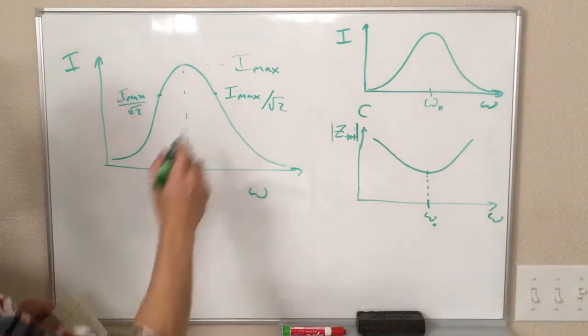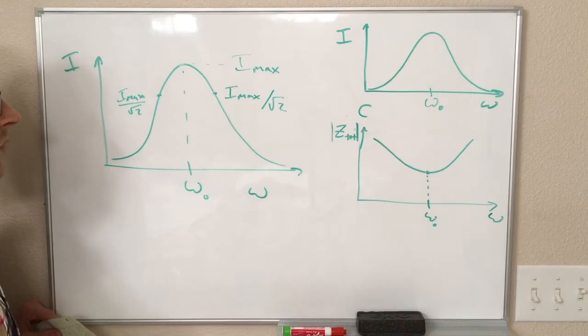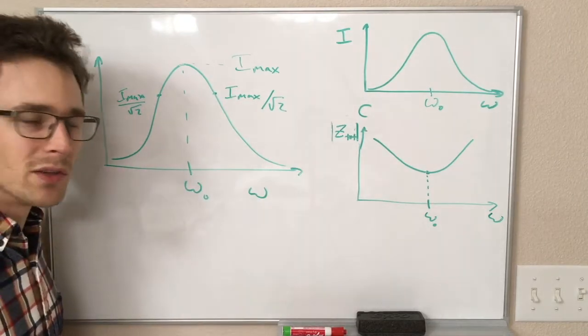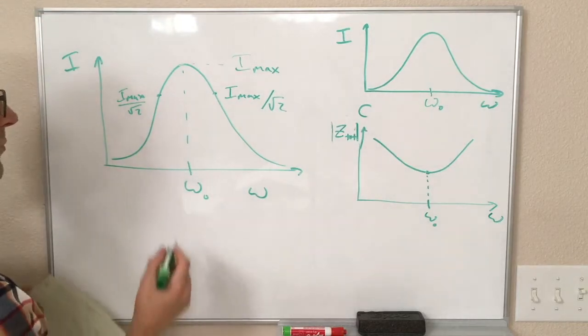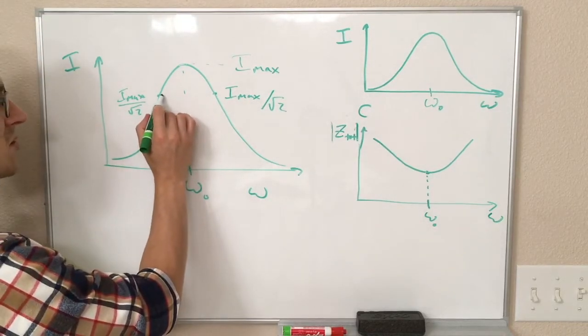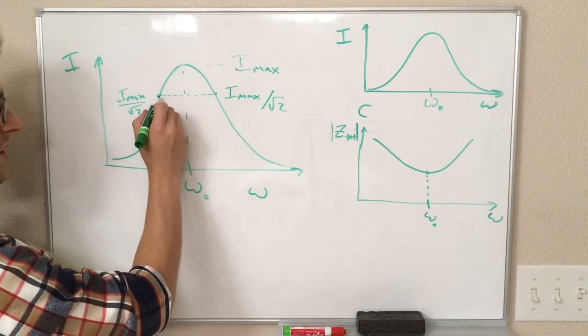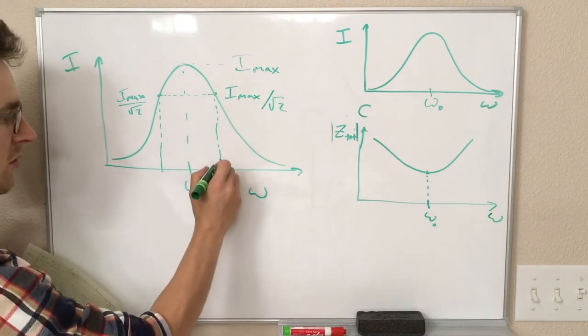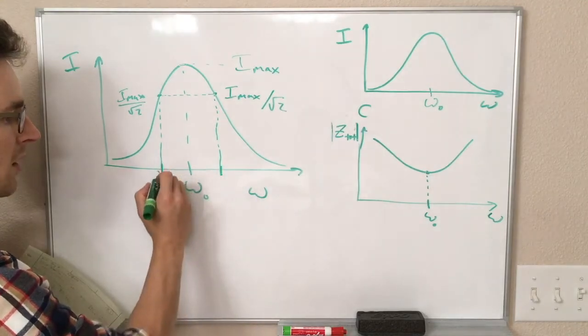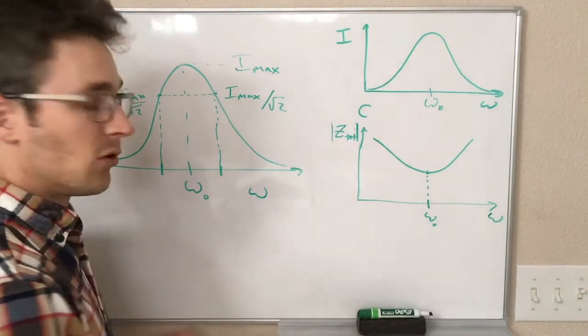There are 2 points where that is true. So that's like 0.707 times, that's 71% of the maximum current. So the distance between these in frequency, so that is like from this point in frequency to this point in frequency, this is called the bandwidth.